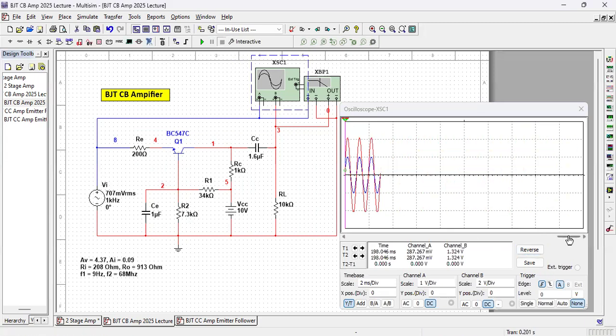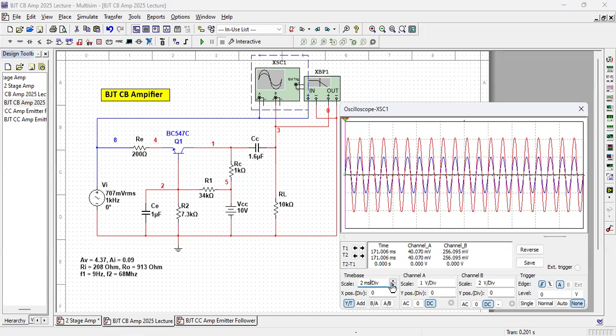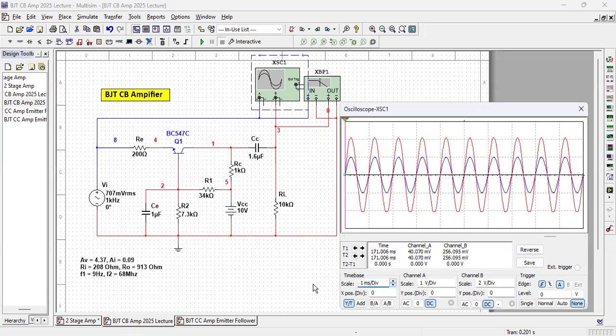Okay, so this is the oscillogram. Let's spread it a little bit. Now, this blue line is the input and this red line is the output. But of course, the scales are different.